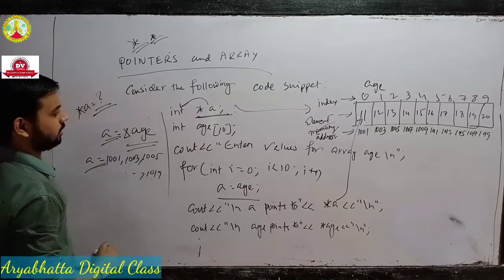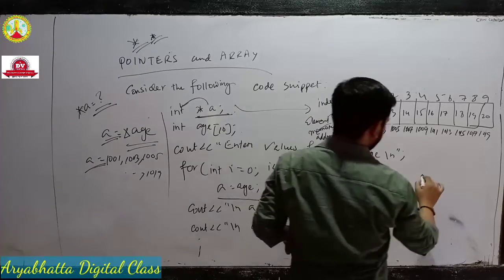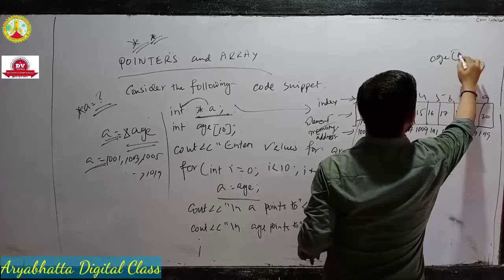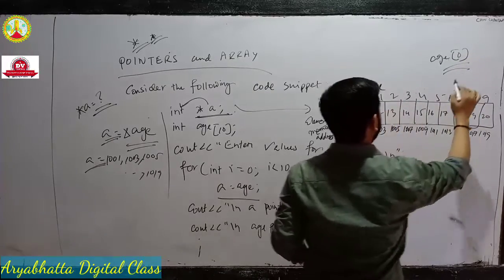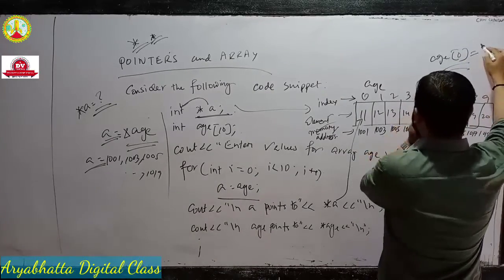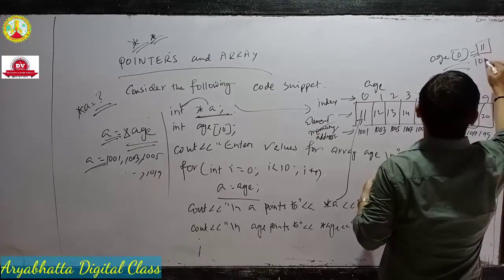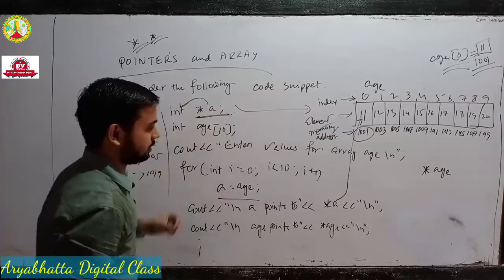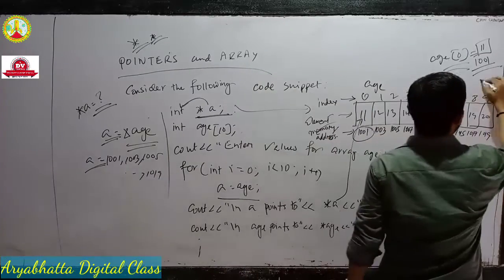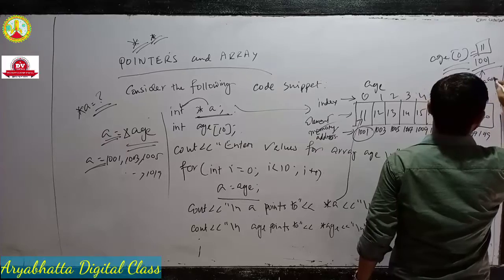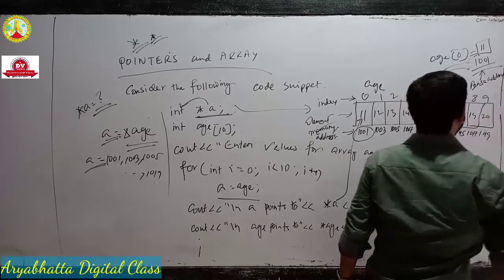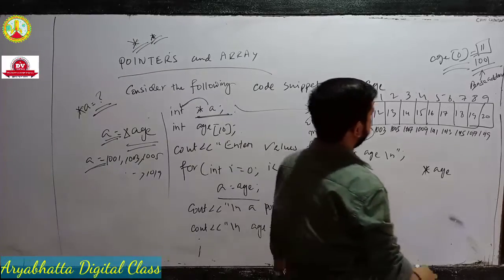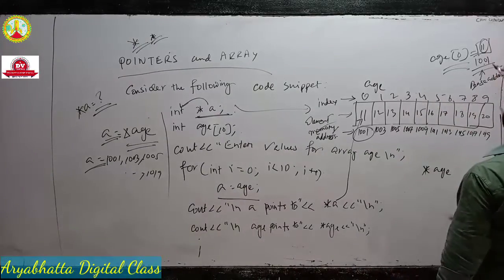If you take the first address, S[0] has what element? 11, and the memory address is 1001. This is called the base address. And with respect to this address, this is the variable.